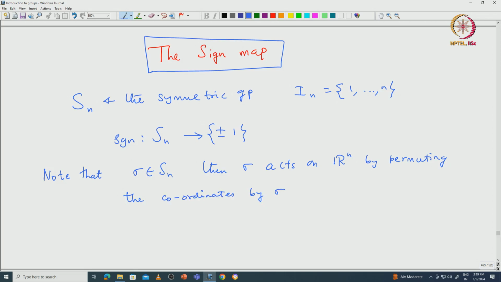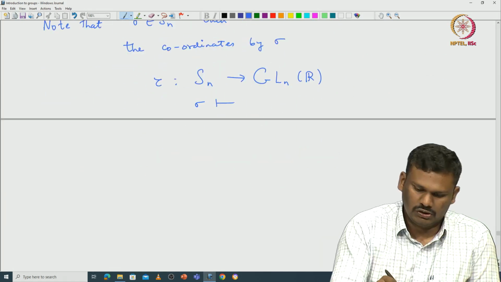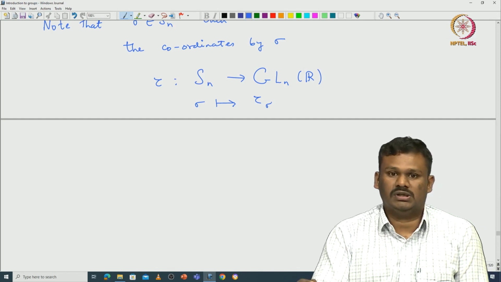That means if I take sigma and act it on V1 etc. Vn. Okay. So, let me interpret it in terms of maps. You are defining a map tau from Sn to GLn of R. The map is given as follows. Given sigma, you associate what is called tau sigma.